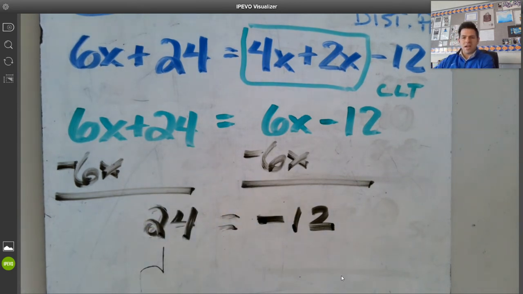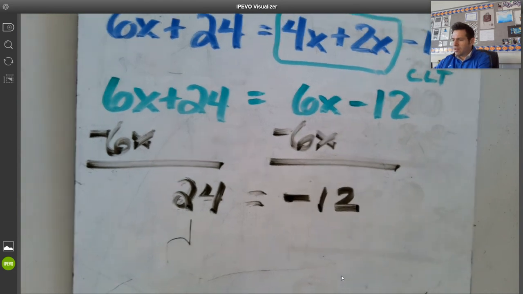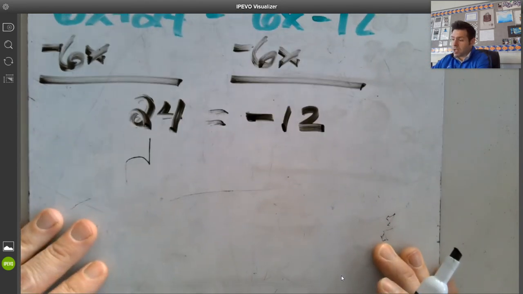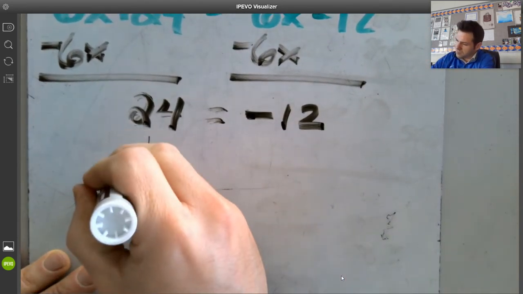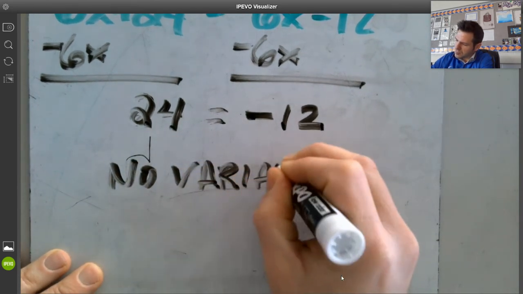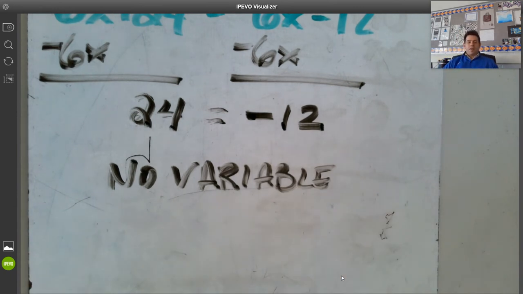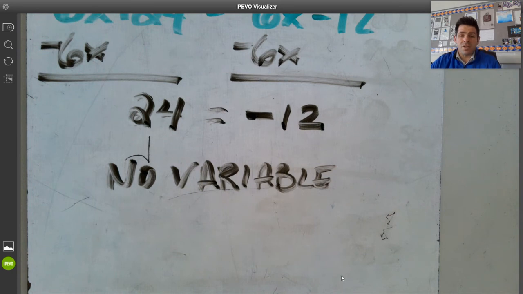So in this scenario where both sides had a 0x, I'm left with no variable, and that's a problem for us. So I have no variable here, and at this point, I've got to take a look at these numbers. 24 is equal to negative 12, and I've got to think to myself, is that a true statement?